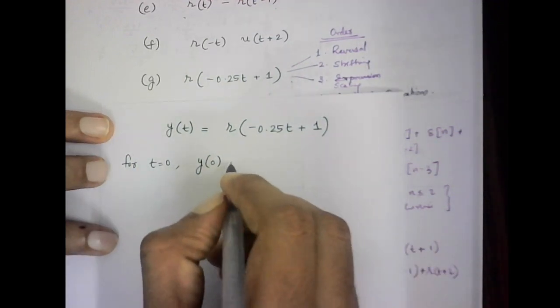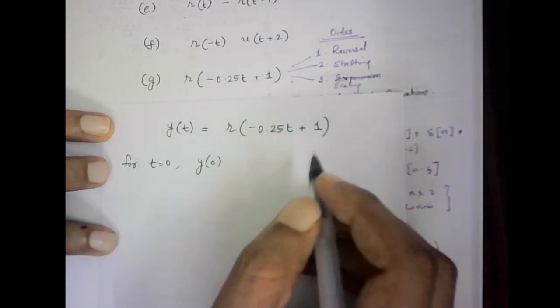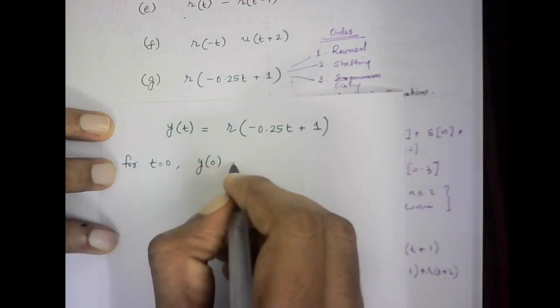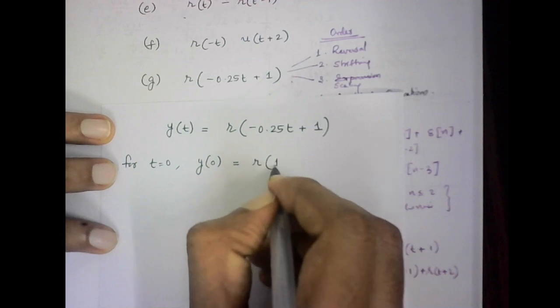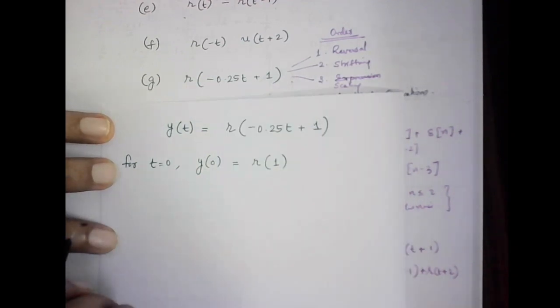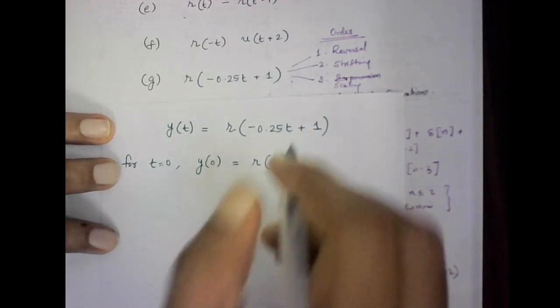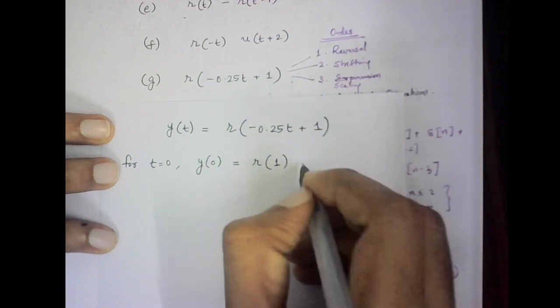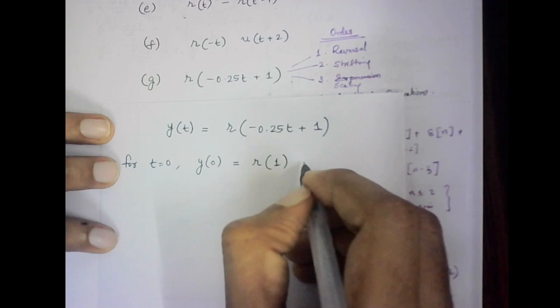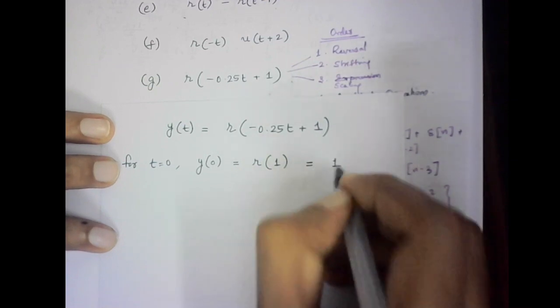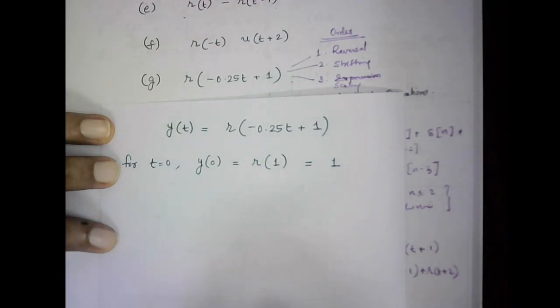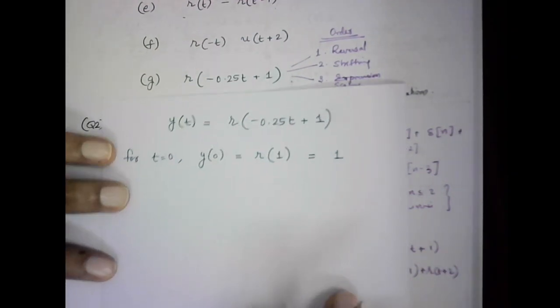What is y of 0? So y of 0 is nothing but r of 1, right? Because t is equal to 0, it is just r of 1. What is r of 1? R of 1 is, from the ramp signal, it is 1, because r of t is equal to t for t greater than or equal to 0.